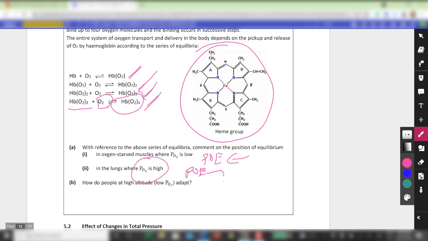Because they have more hemoglobin molecules than us, it will cause the position of equilibrium to shift to the right to produce the oxyhemoglobin, so that their body can function as usual. That's an idea that you might want to take note of. If you're interested, you can read about it.